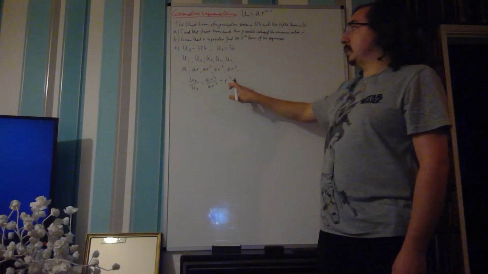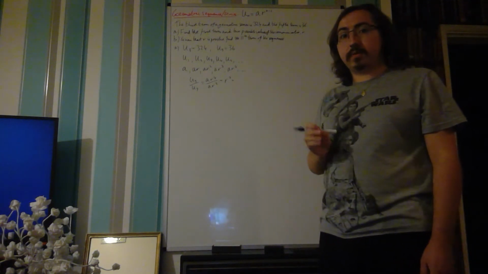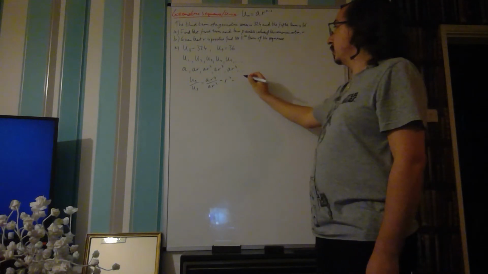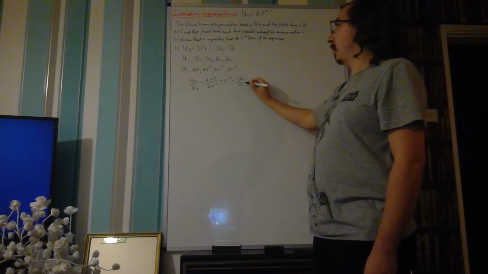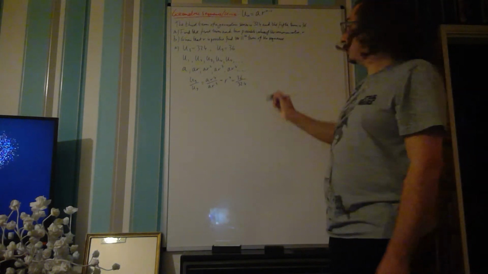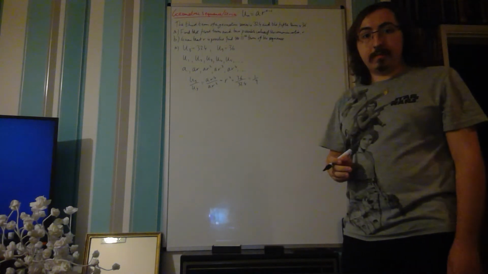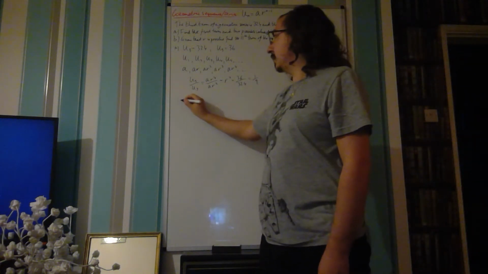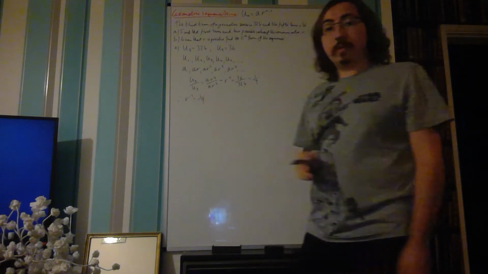We can also write this numerically: 36 over 324, which simplifies to 1 over 9. So we found that r squared is equal to 1 over 9.